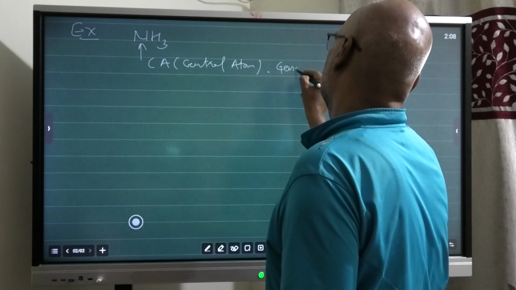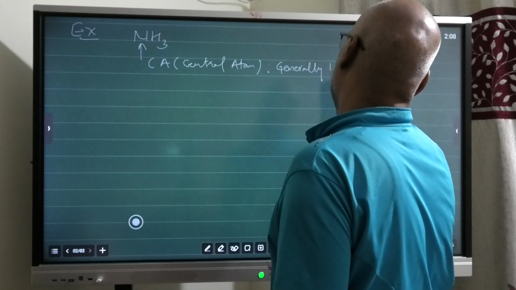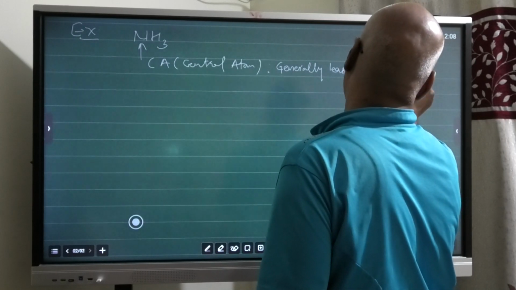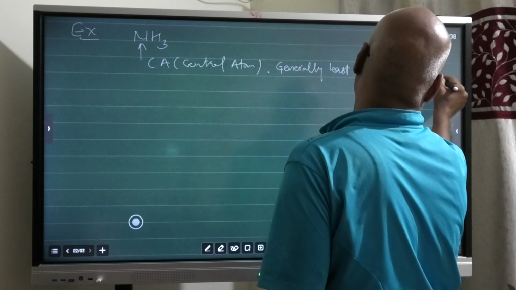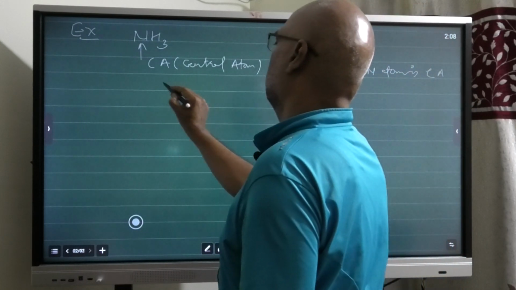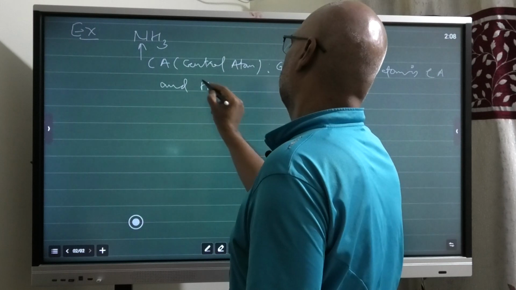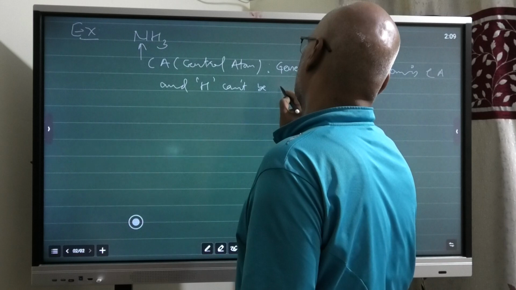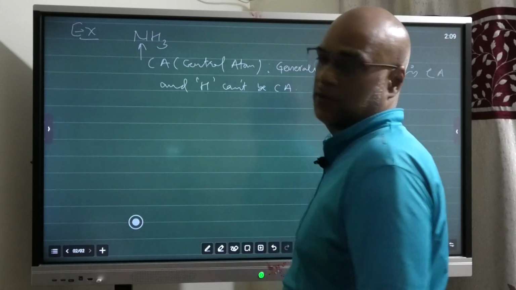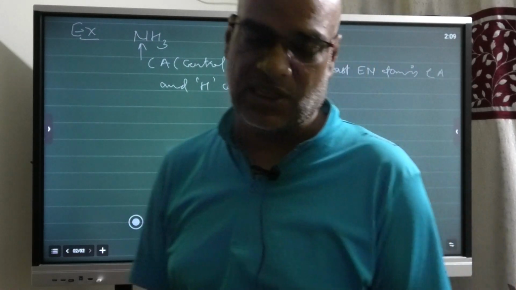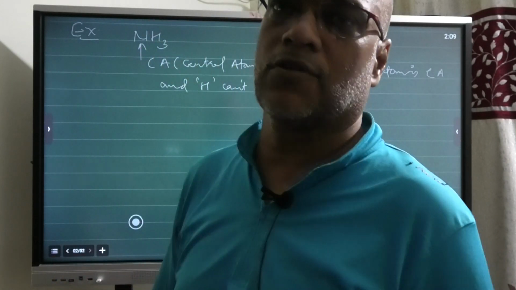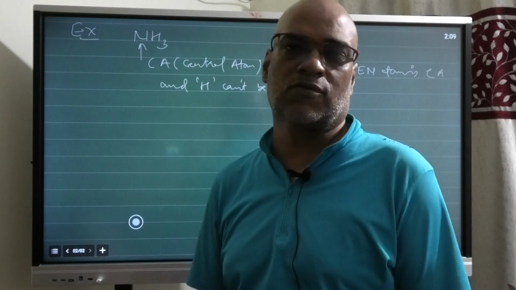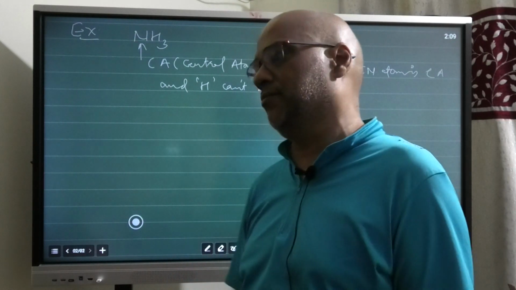Generally the least electronegative atom is the central atom, and hydrogen can't be the central atom. Hydrogen is never a central atom in any case. So other than hydrogen, we have to check which is least electronegative.